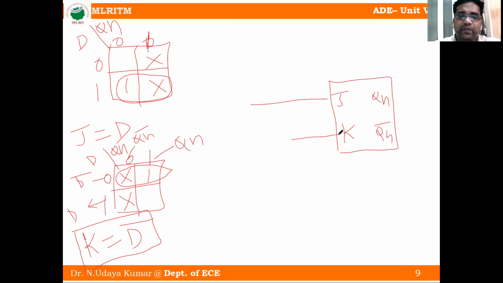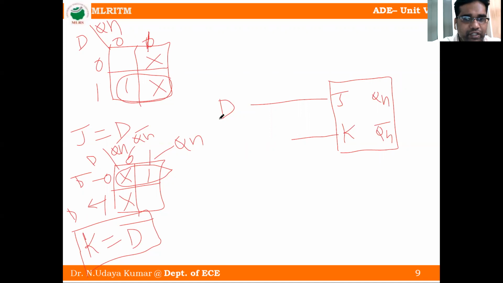Now this JK flip-flop can be converted into a D flip-flop in the following way. Here J is equal to D. D is directly connected to J. Then K is equal to D bar.